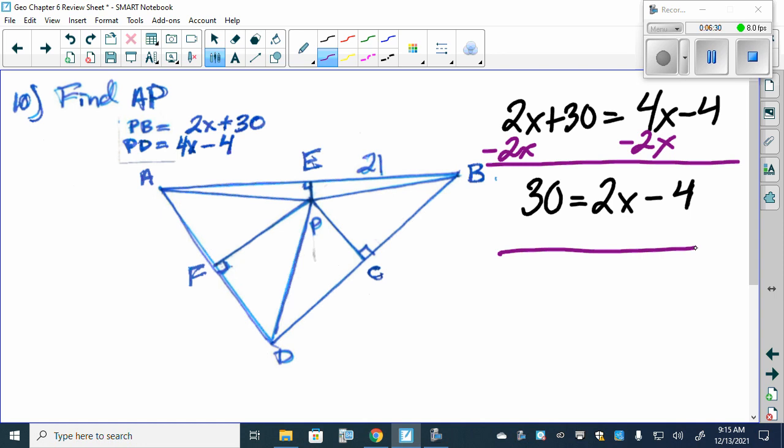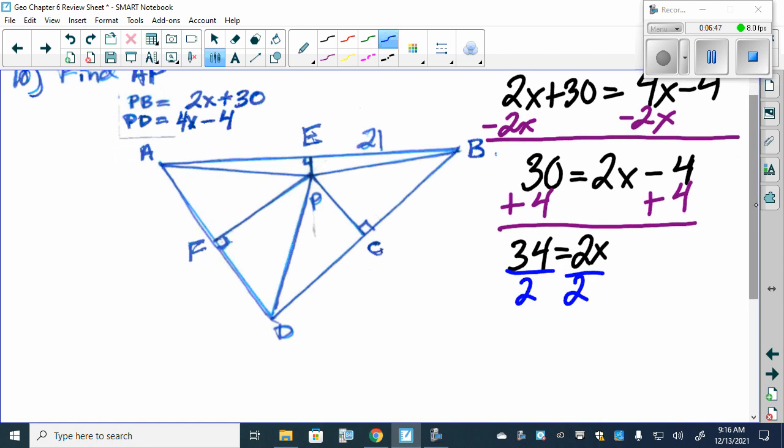It still works out the same, because our next step would be to add 4 to both sides, which tells us that 34 is equal to 2x. At this point, we can divide both sides by 2, telling us x is equal to 17.